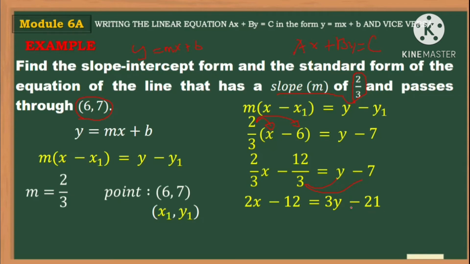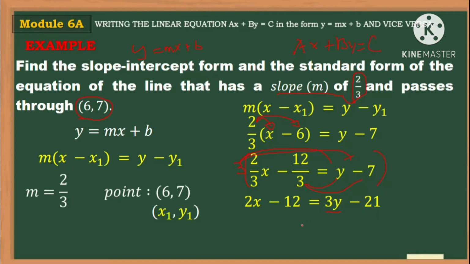Parang yung ginawa natin kanina, minultiply natin ito ng buo by 3. So to check: 3 times 2 divided by 3, that is 2x. Then 3 times negative 12 divided by 3, that is negative 12. 3 times y is 3y, and 3 times negative 7 is negative 21.